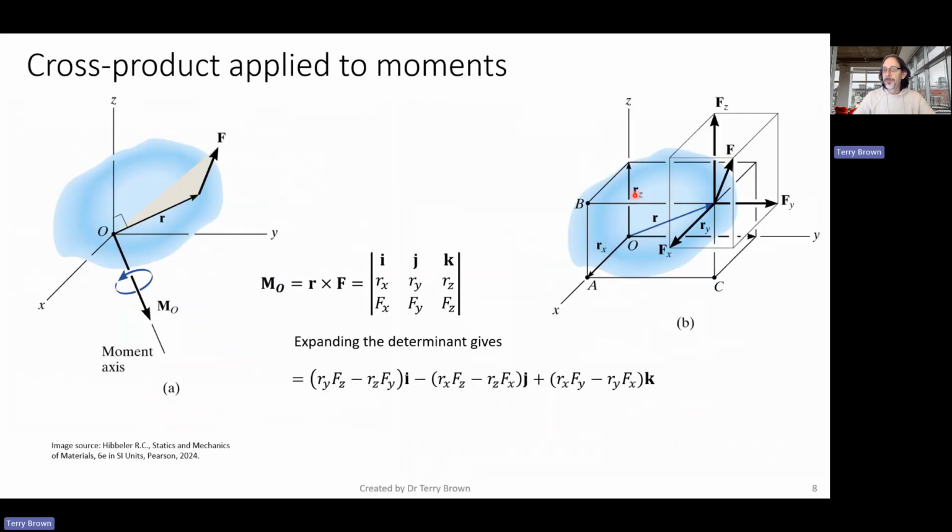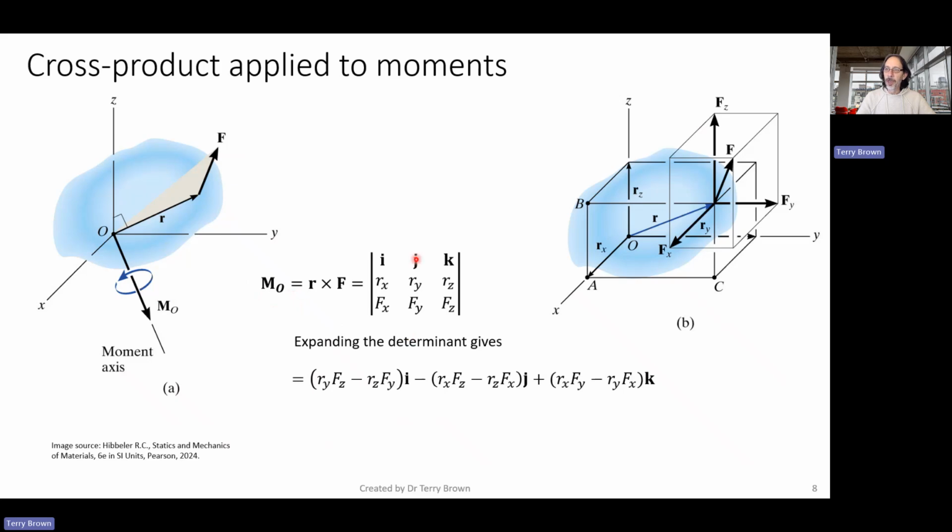Okay, so here's just showing in general a force in any arbitrary direction, and a position vector from point O to somewhere along the line of action of that force generates a moment.